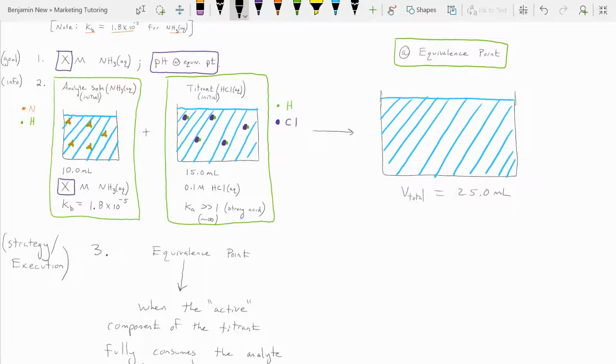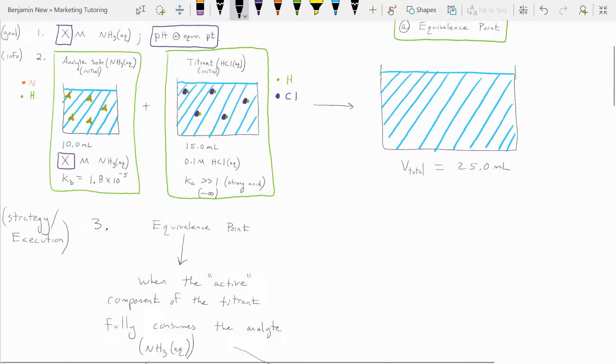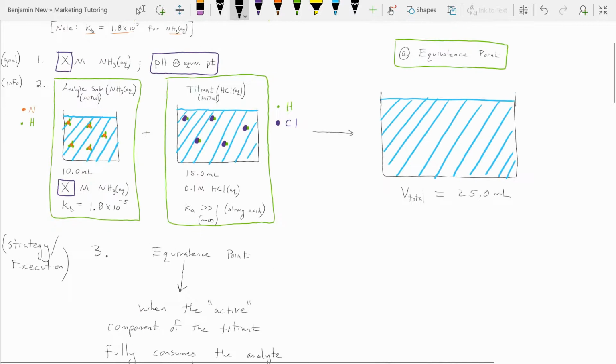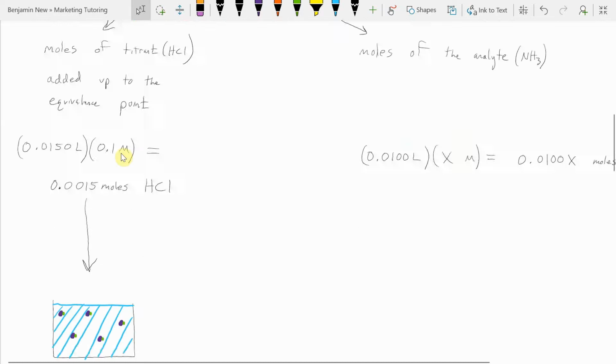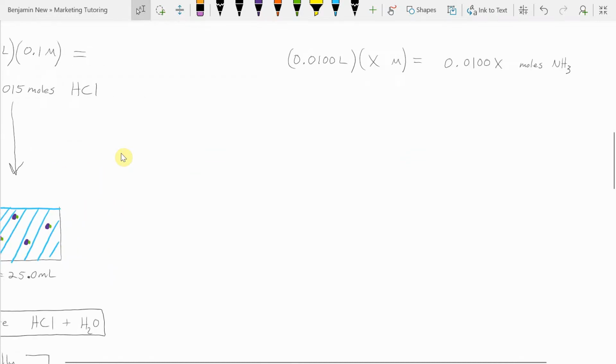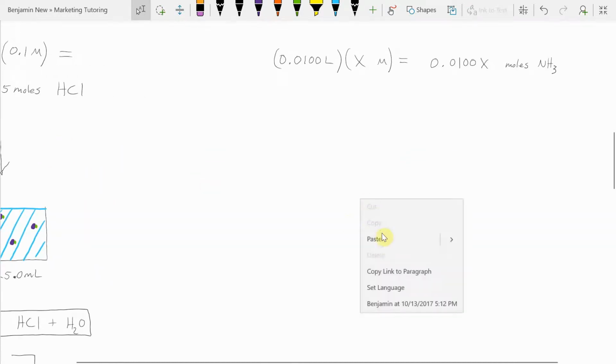We're going to allow all the moles of the ammonia from the starting analyte solution to equilibrate in the larger volume that represents the total volume at the equivalence point. And so for that one, we're going to also take that same picture. Okay, we're going to put it right here.